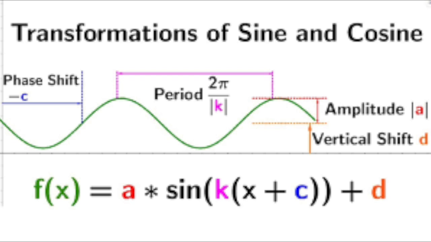Then we have B, which multiplies the x, the input here. The period is when a function goes through one full cycle. When you have B multiplied by the x, you put it in the formula 2 pi over B to get the period.